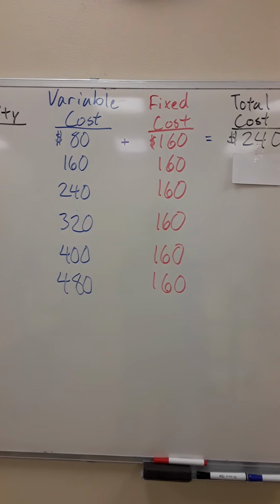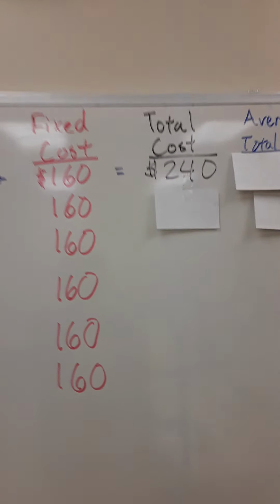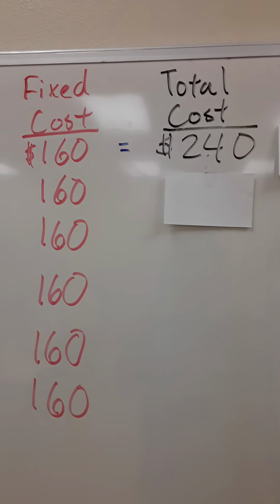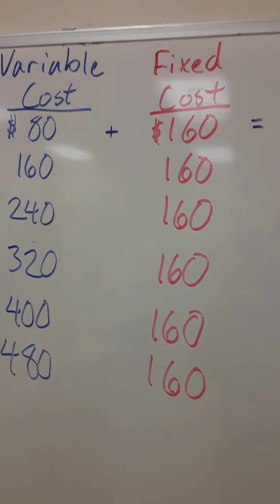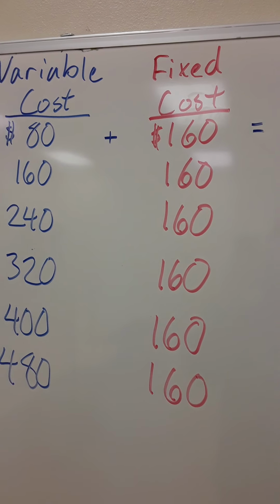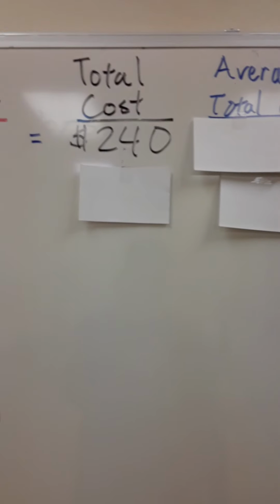And let's go on to total costs. So as you can see, I have written 240. This is found by adding your variable cost and your fixed cost to get this.